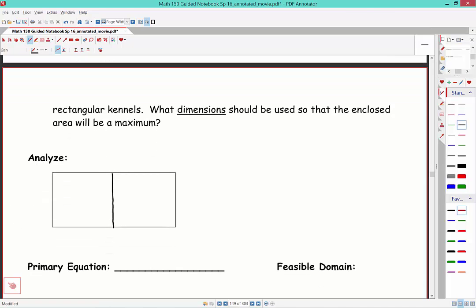So if we let W be the width and L be the length, we'd have something like this.